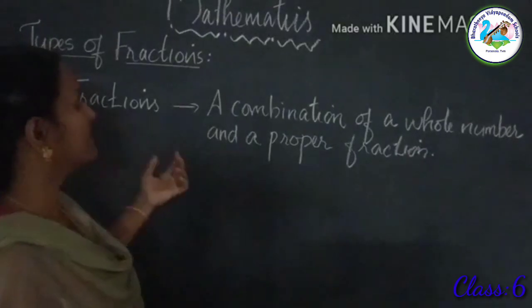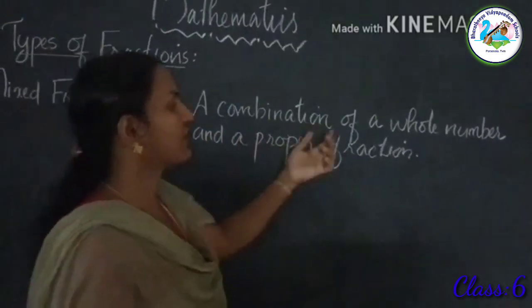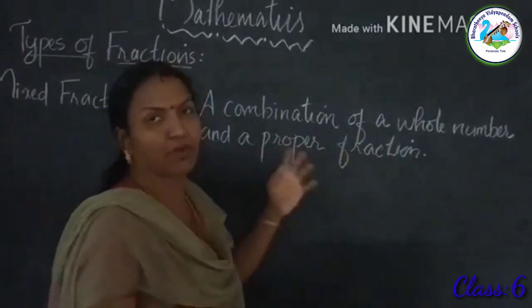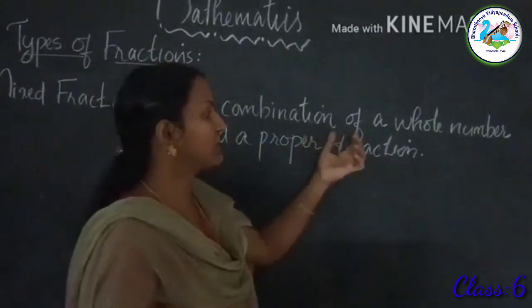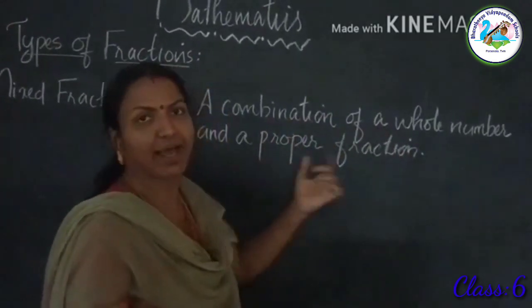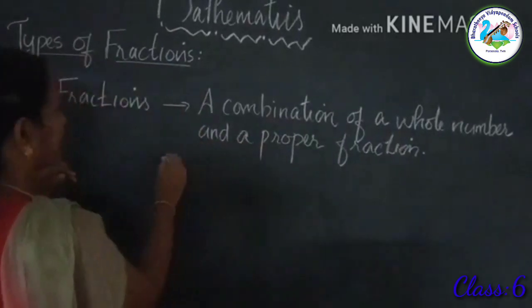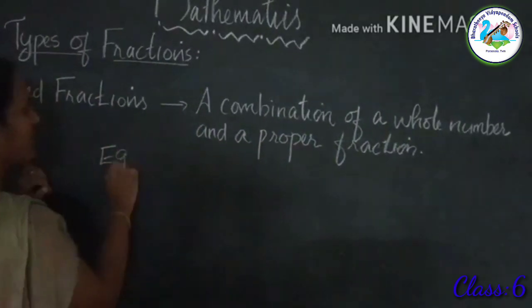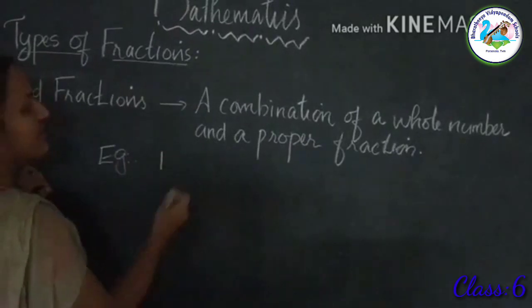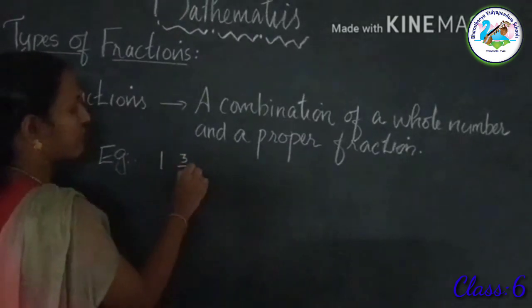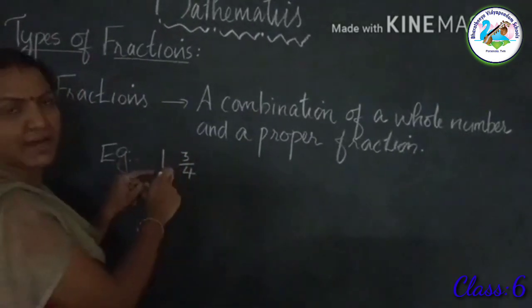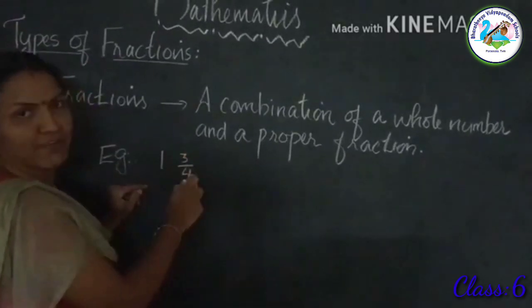Next, mixed fractions. It is a combination of a whole number and a proper fraction. For example, 1 3 by 4. Here 1 is the whole number and 3 by 4 is the proper fraction.